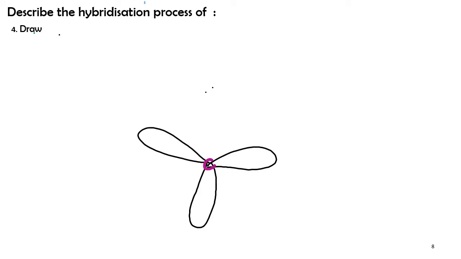Okay, for the drawing, first we draw the central atom, carbon. So this is your carbon. I'll just rewrite it again: C double bond O, H, O, H. So you already predicted this carbon will be sp2, this oxygen sp2, this oxygen sp3.